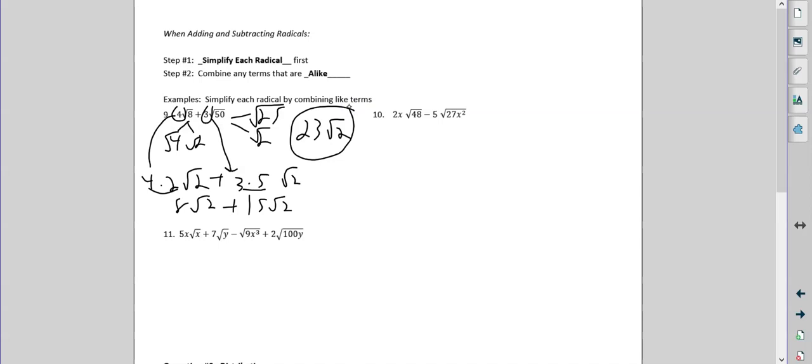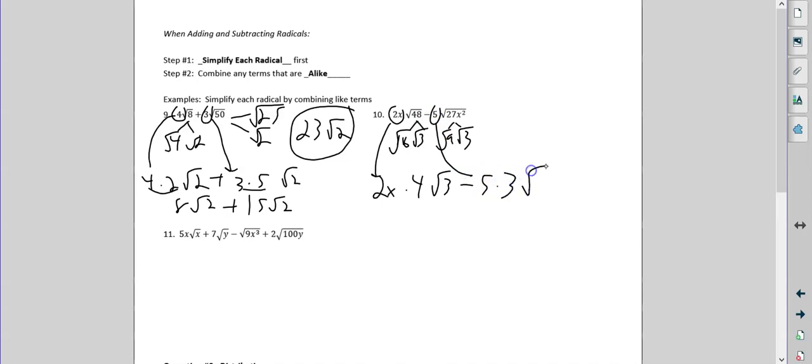All right, 48. Don't forget we got this 2x out here. 48 is going to break down to 16 and 3. 27 is going to break down to 9 and 3. Notice we're going to have the 3 in common. So 2x times what comes out, square root of 16 is 4, radical 3, minus the 5, can't forget to bring that down, times the square root of 9, which is 3, radical 3.